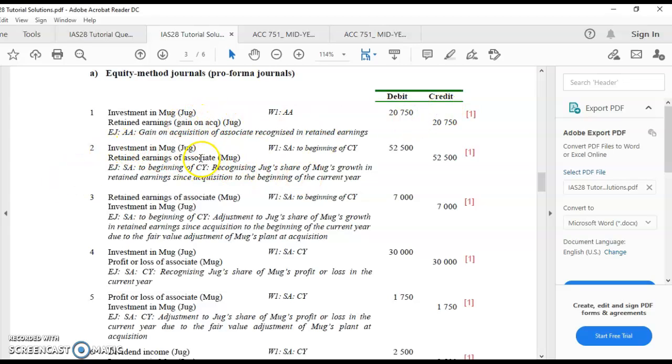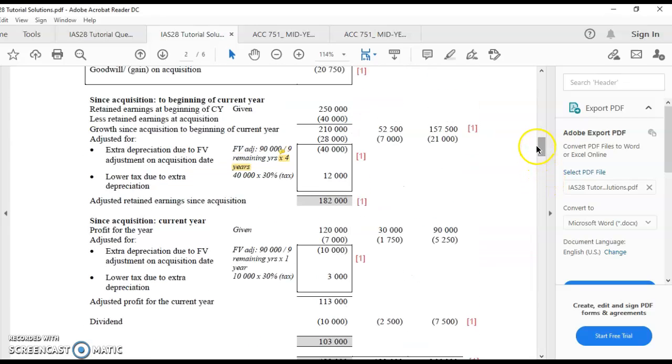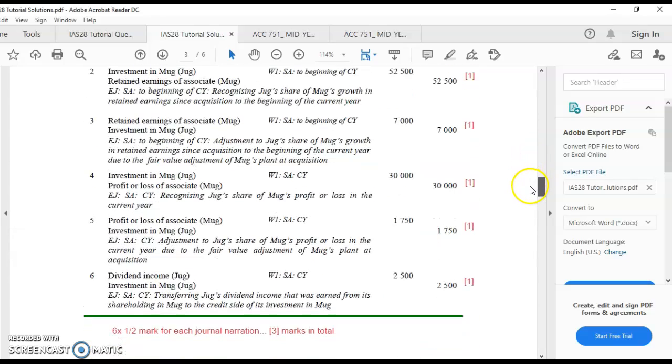Number 2 is our share of the since acquisition profits. The profits increase our investment and they increase retained earnings of the associate. So it's a debit to investment, credit to retained earnings, 52,500 on our portion. This is the 52,500. And then for retained earnings of associates, you debit retained earnings and credit investment in MAC.